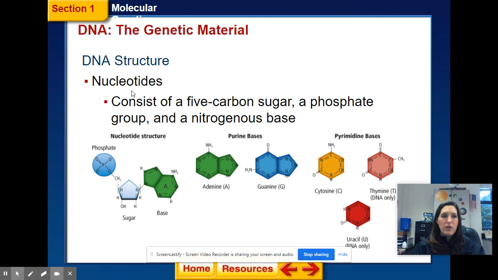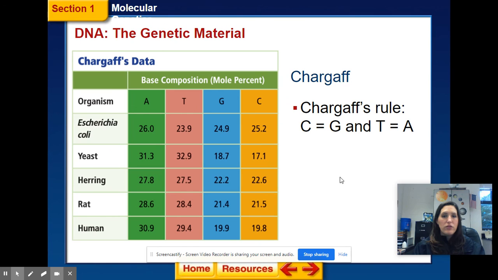So you need to know that the nucleotide that builds nucleic acids consists of a 5-carbon sugar, here's the sugar, a phosphate group, and a nitrogenous base, the nitrogen group. So three things: phosphate, sugar, nitrogenous base. Okay, all right.